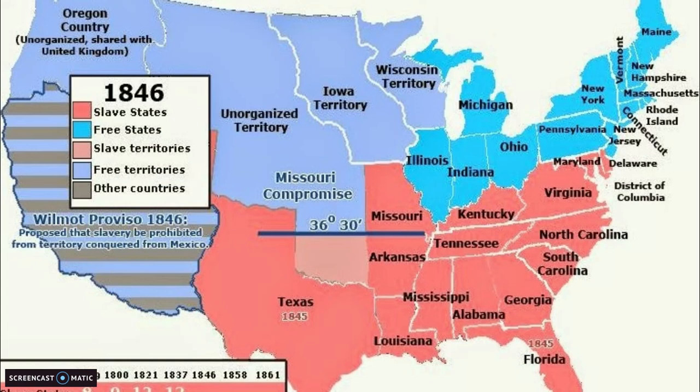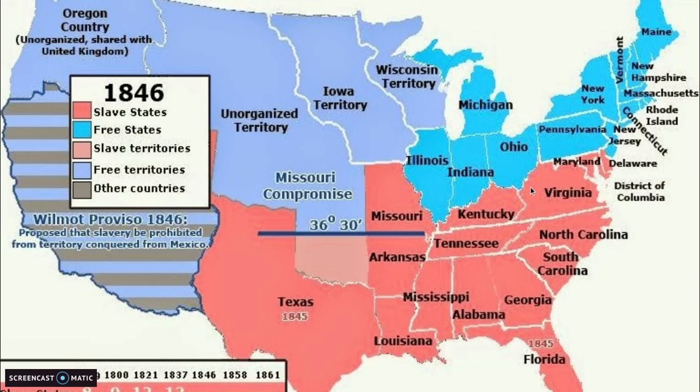So at this time in the United States, it has become divided. You had northern states that were called free states, and those states were against slavery. It was illegal to own slaves in these northern blue states.